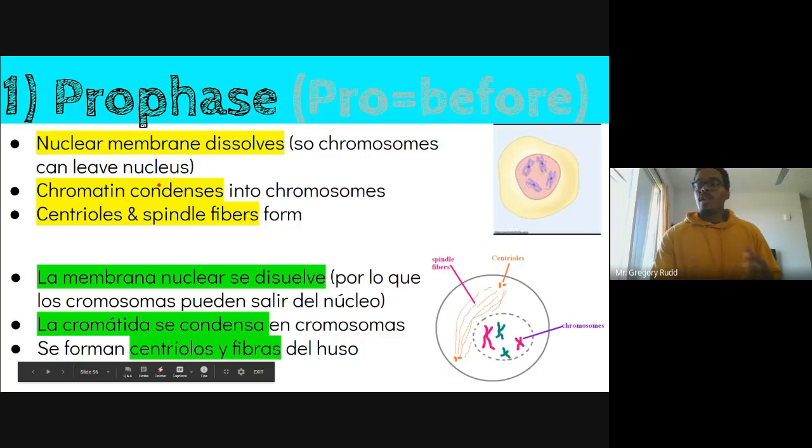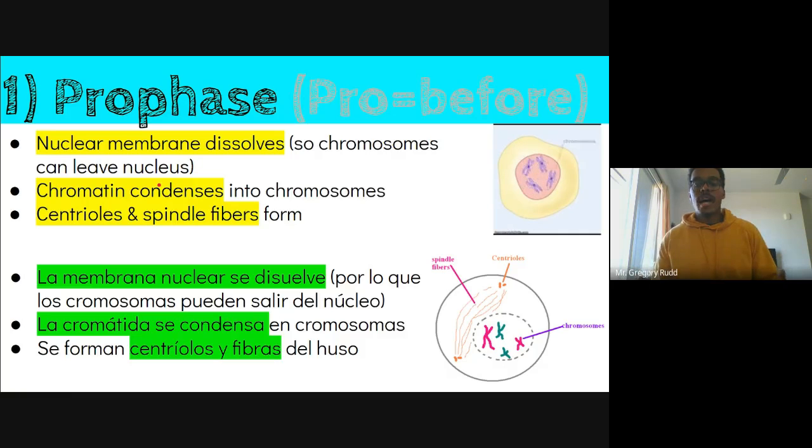Additionally, we talked about this yesterday, but DNA exists in the nucleus most of the time in the form of chromatin. And chromatin is like a big bowl of spaghetti. The DNA is totally randomly wound up within itself. It's very tangled. There's no order to it. That's not helpful to us when we're actually trying to make a copy of that DNA in order to divide it.